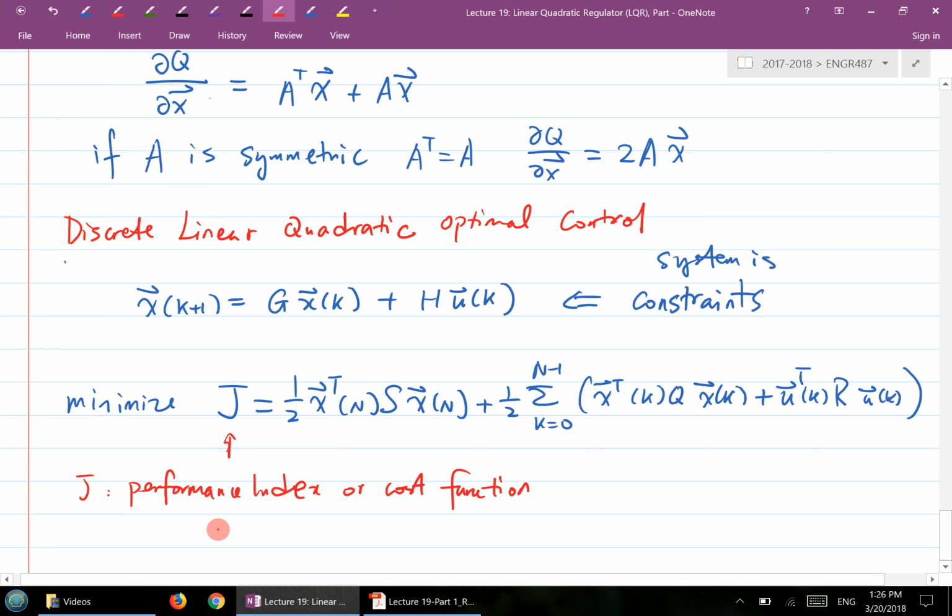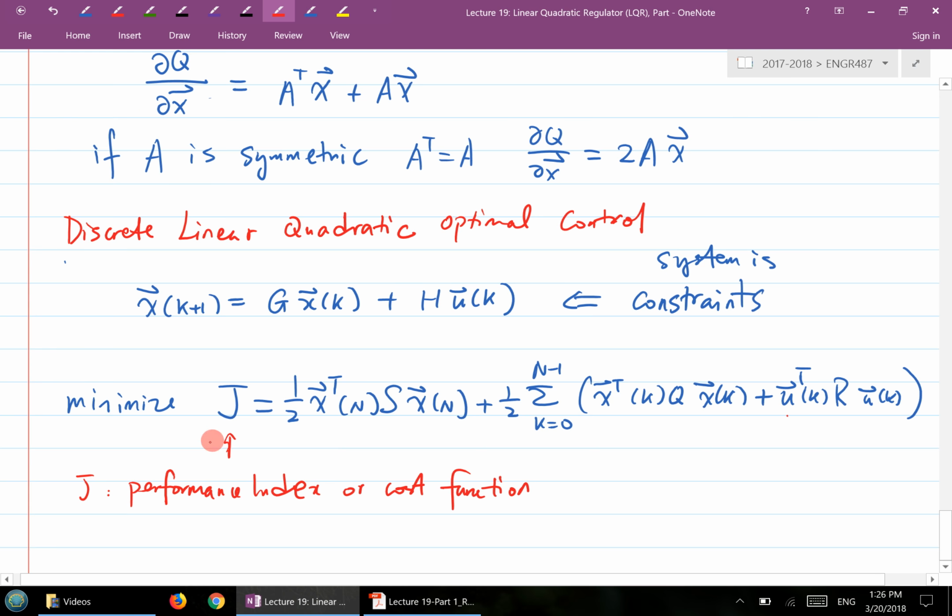So let's look at the statement. Can you find the minimum value of J, where J is a function of all the state vectors plus the control input?